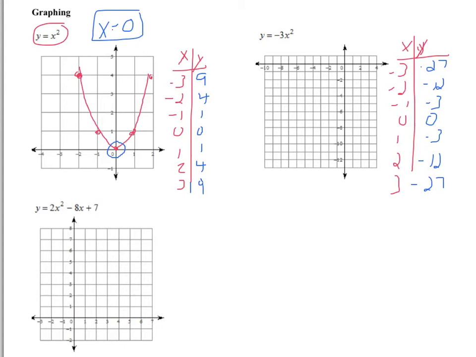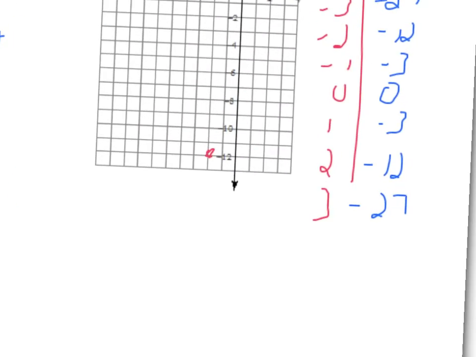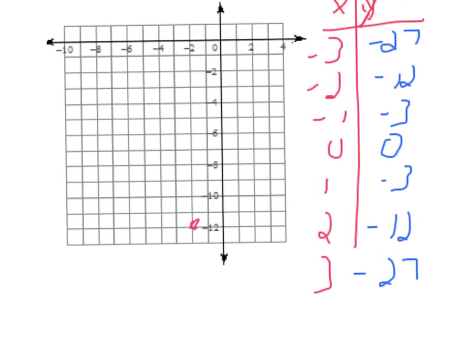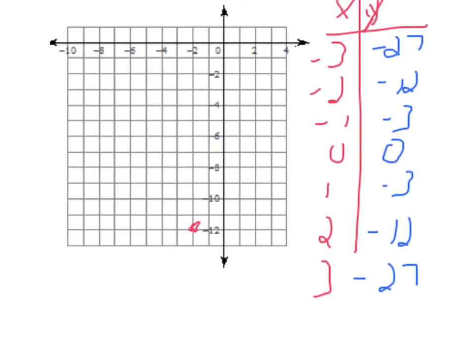So we plug that in. We have one number we can't fit. Negative 2, negative 12 fits. Make this a little bit easier to do. And we have negative 1, negative 3.